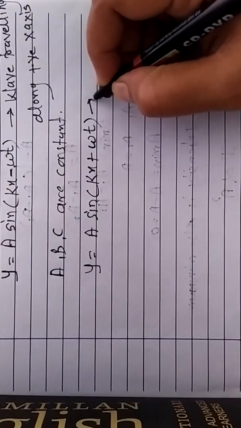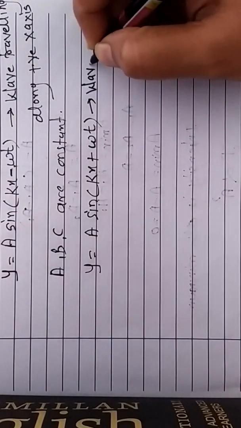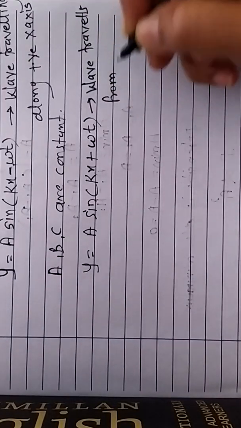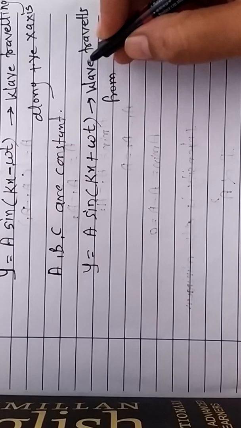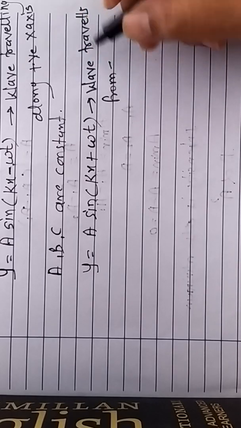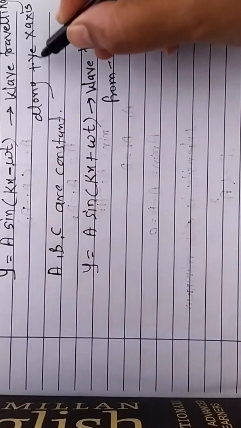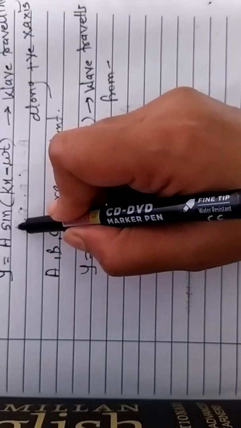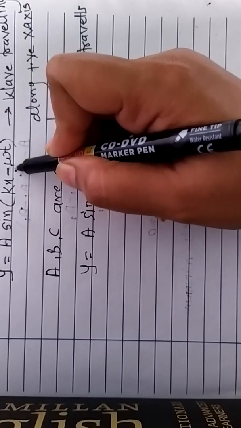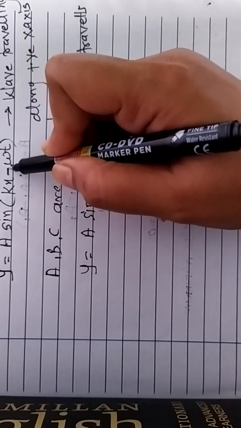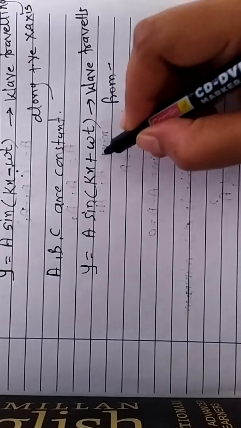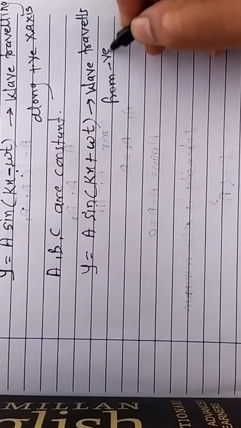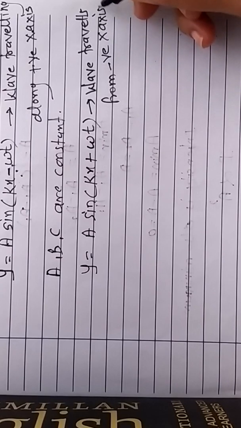That equation represents a wave traveling along the negative x-axis, whereas for the positive x-axis, the equation is y is equal to a sine of (kx minus omega t), where the minus sign arises. When the plus sign arises, the wave travels along the negative x-axis.